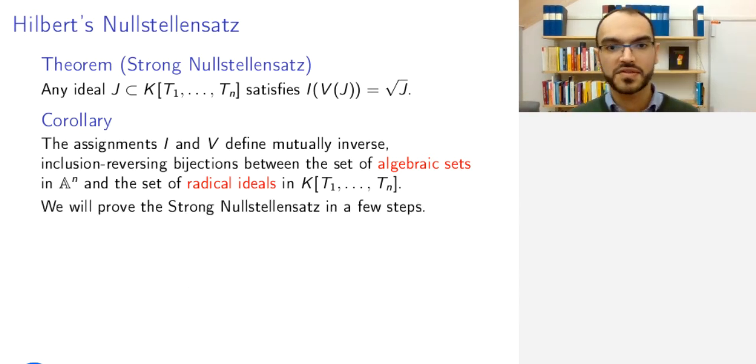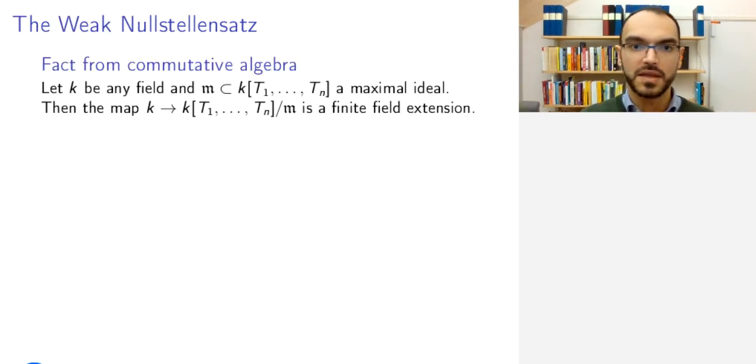So we will prove the strong Nullstellensatz in a few steps. Let's start with the weak Nullstellensatz. We will need one fact from commutative algebra that we will prove later in the course, and that actually requires some machinery to prove.